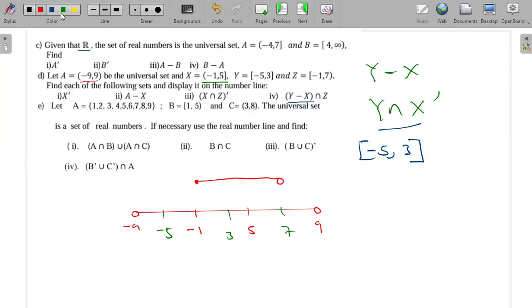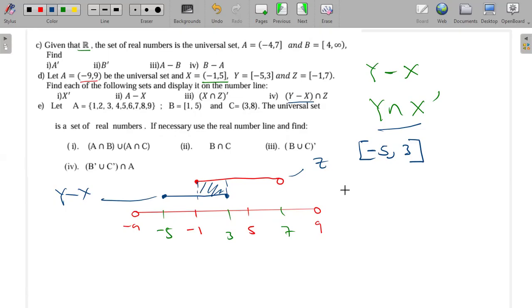Okay, so now considering this, where we said -5 all the way to 3, and it's closed at 3. Now, the blue part is for the set difference of Y and X, whilst the red part is the set Z. And then what is the intersection of the two? It's going to be here and there. This is where they have the common elements.